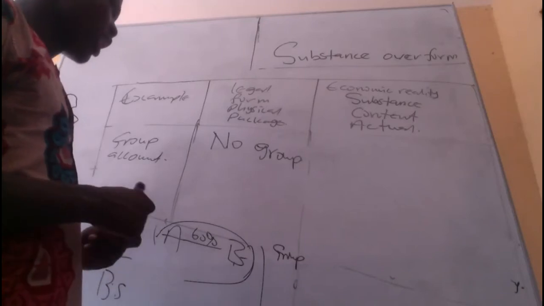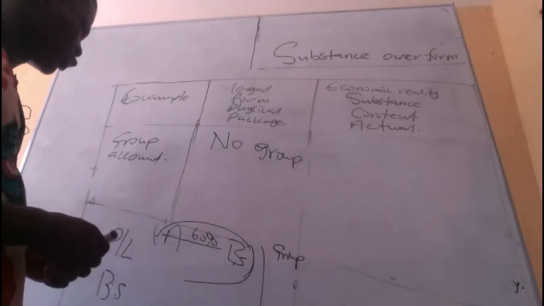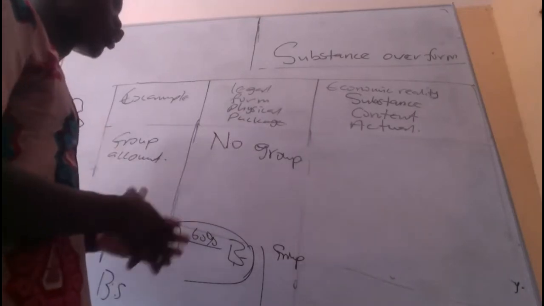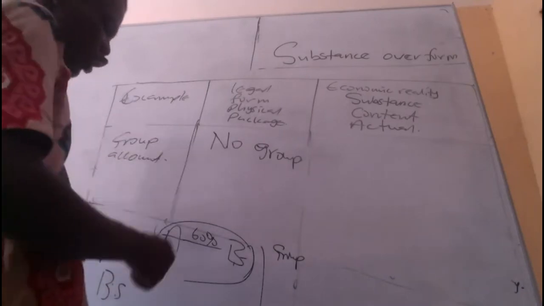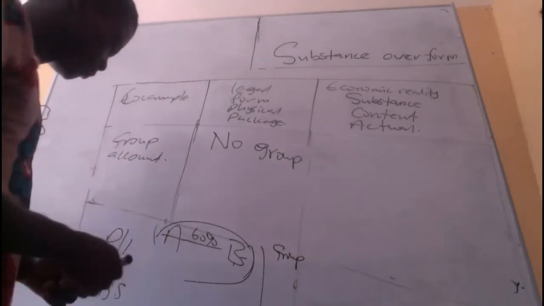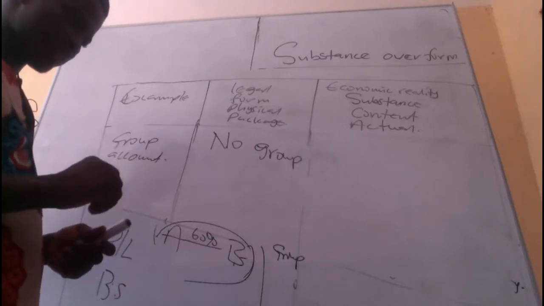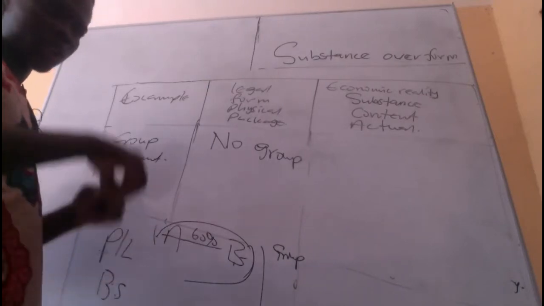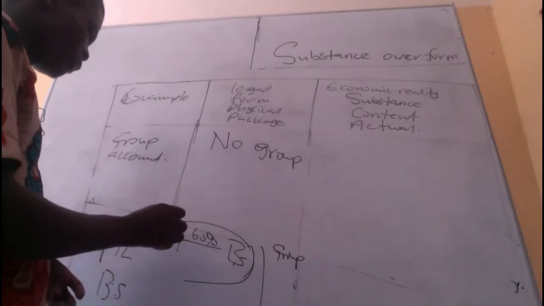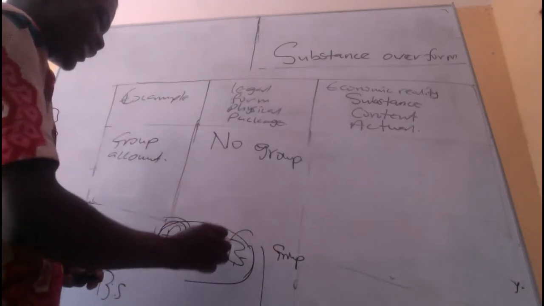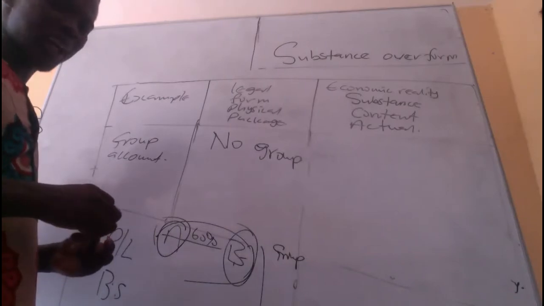Now, why am I saying there's no group legally? When you go to register your company, did you go the same day? That's the first question. Second, and the most important one, you registered your business alone and your certificate was given to you individually.